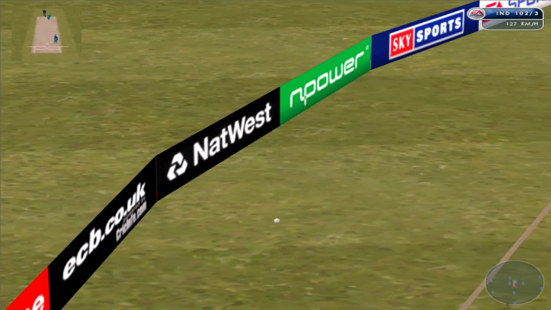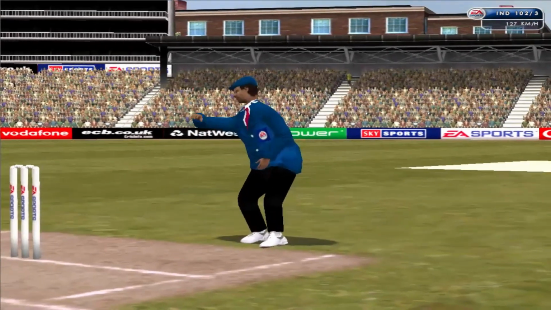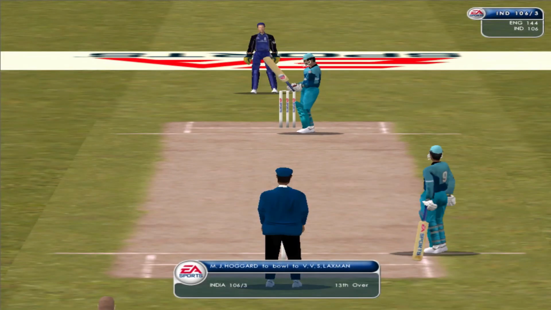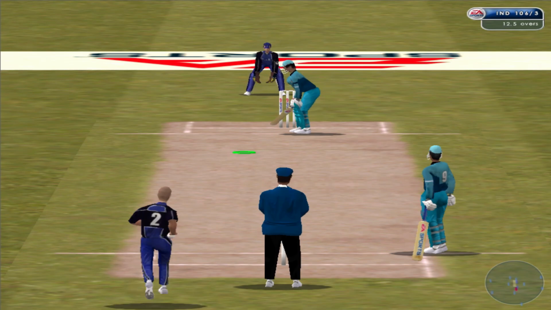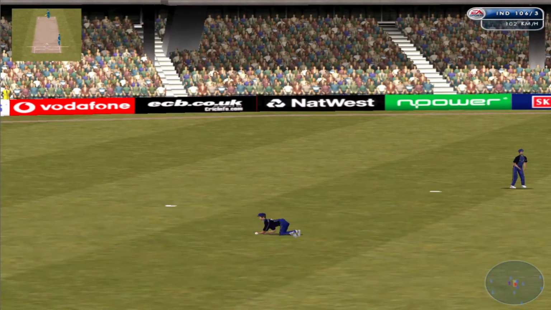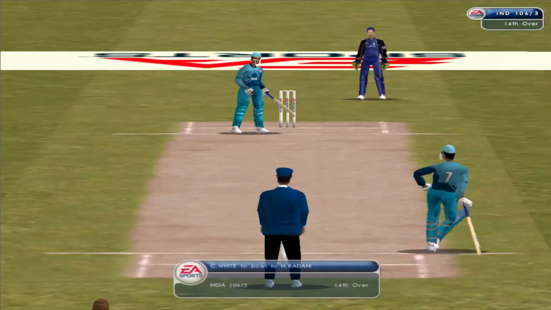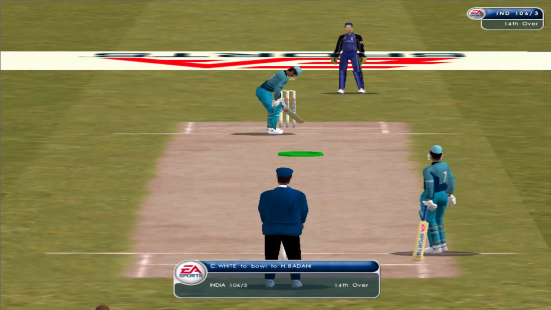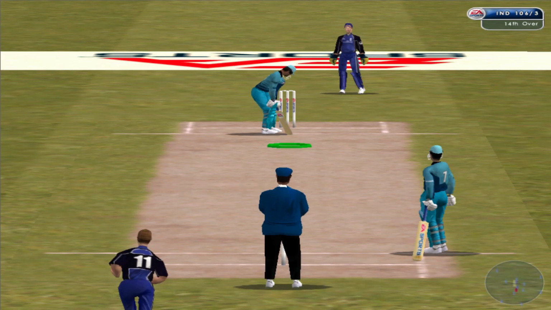Super shot by Laxman. Fantastic shot there. He knew it was 4 as soon as he struck it. Stopped by Thorpe. That over cost 11 runs. The run rate stands at just under 5 an over.